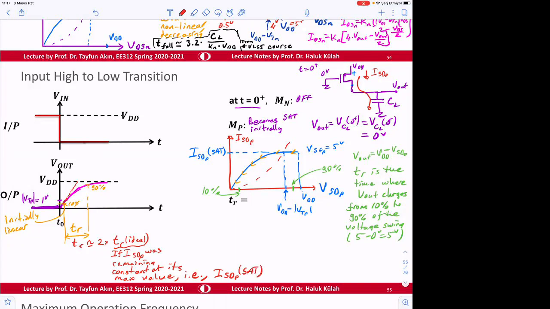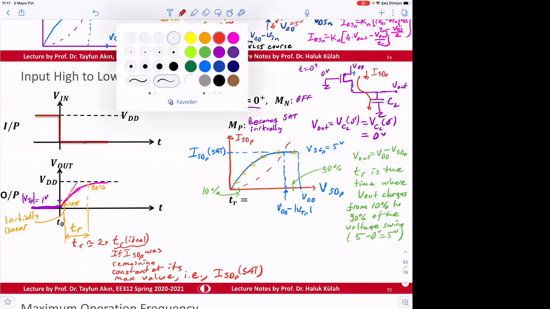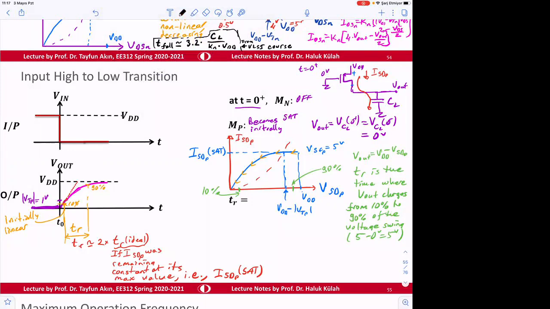So this is how we can find, but from the VLSI design course, we know that T rise will be equal to 3.2 CL divided by KP times VDD.